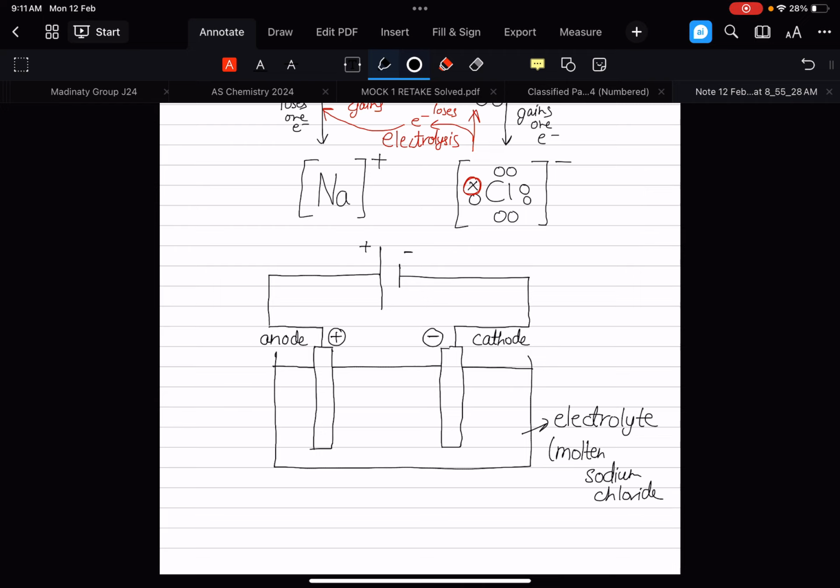We said that the sodium chloride will be broken apart into sodium and chlorine. Let's see how this happens.